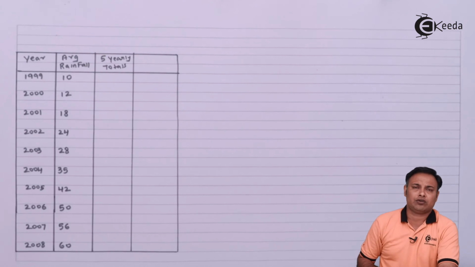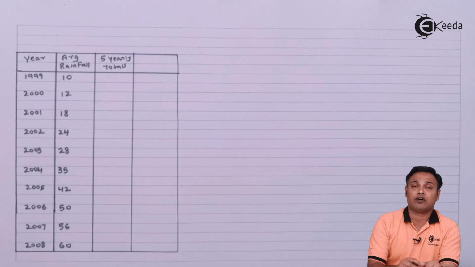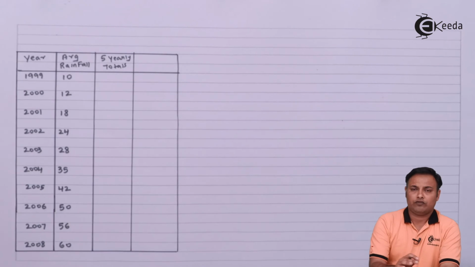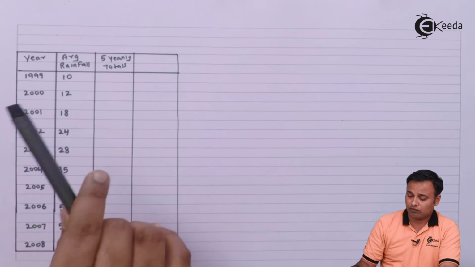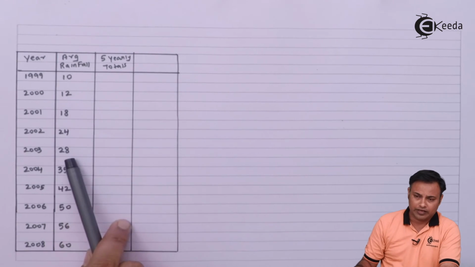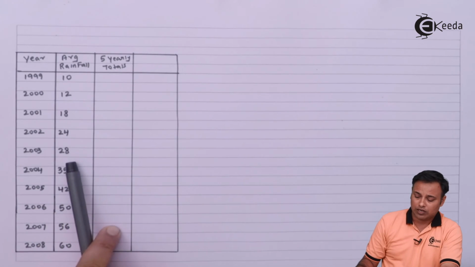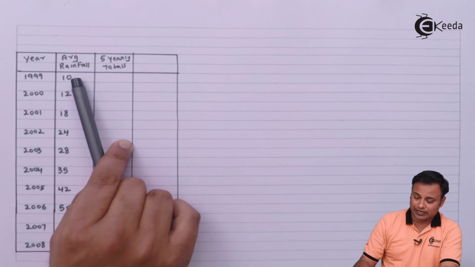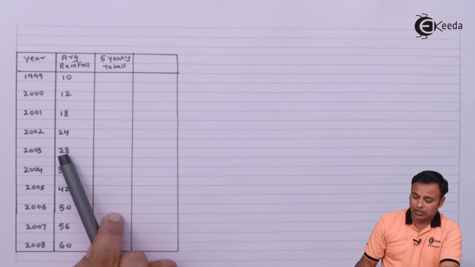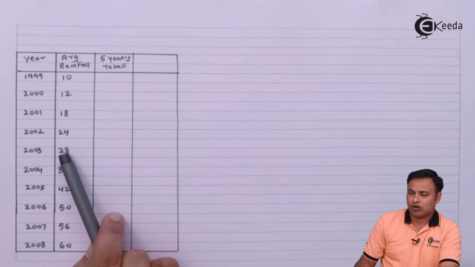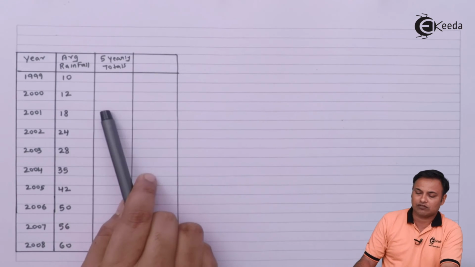So under 5 yearly totals, we'll do the totaling for the first 5 years, which comes to 92. I will write the total at the center of the period from 1999 to 2003. I have got 5 years and the center will be 2001.